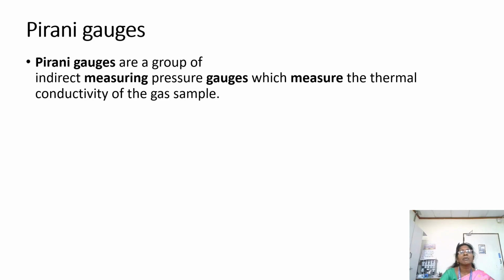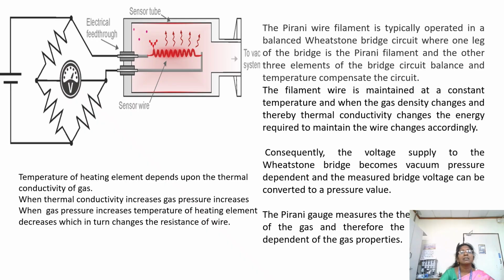The next one is the Pirani gauge. Pirani gauges are a group of indirect pressure gauges which measure the thermal conductivity of the gas sample. This is the temperature measuring image for the Pirani gauge. The Pirani wire filament is typically operated in a balanced Wheatstone bridge circuit, in which one leg of the bridge is the Pirani filament and the other three elements of the bridge balance and temperature-compensate the circuit.